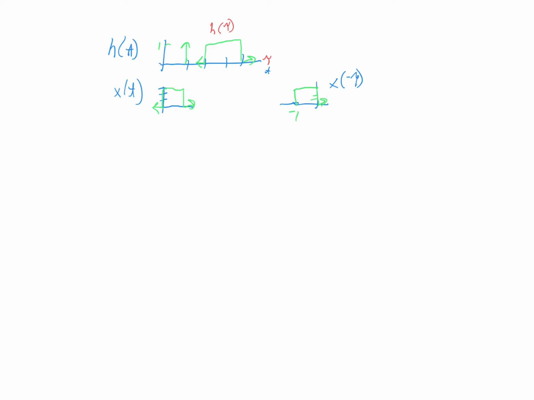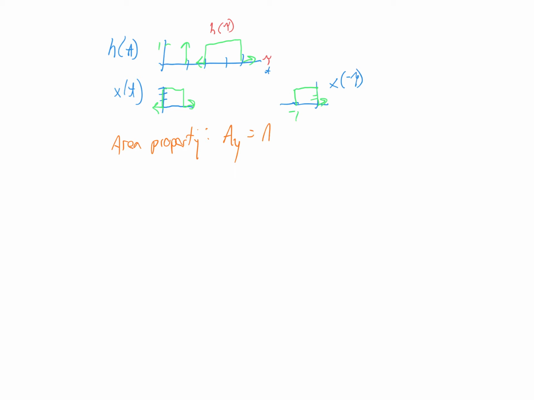Before we jump into that, let's use two properties. We just derived the area property. So we should be able to figure out what is the area of the convolution result even before calculating it.